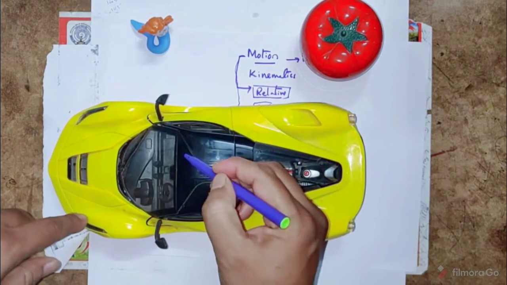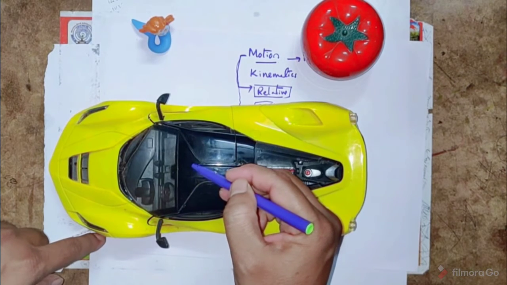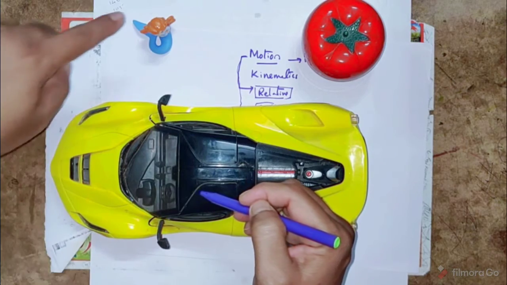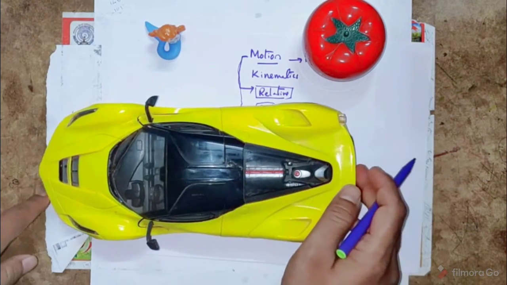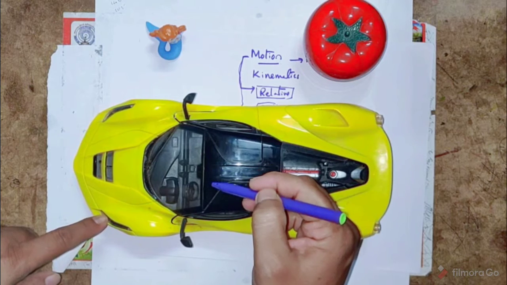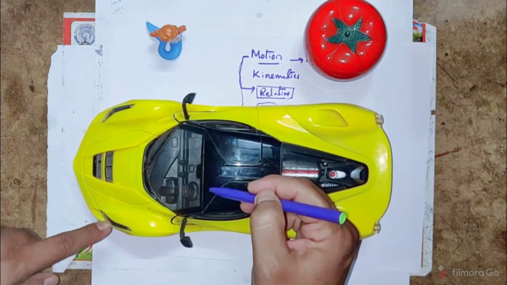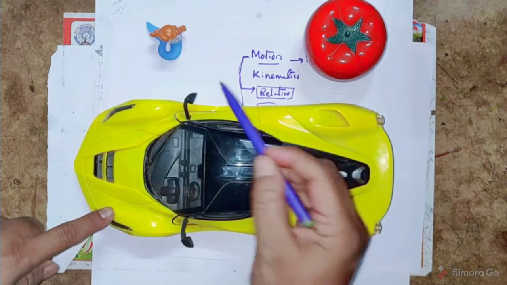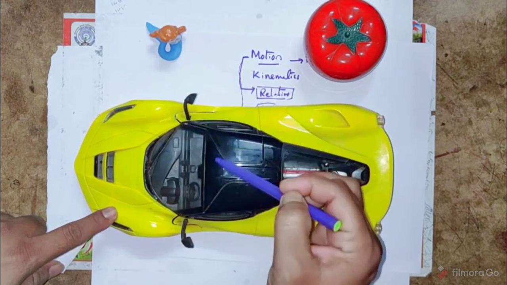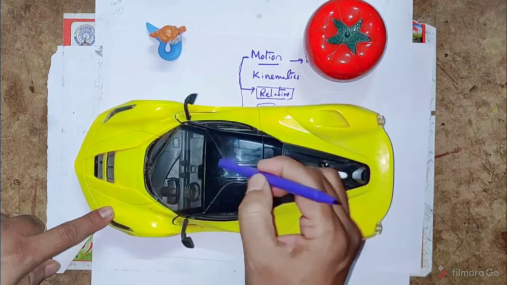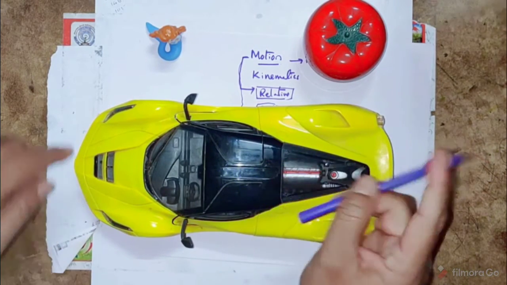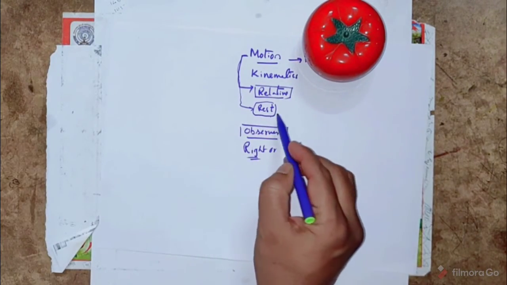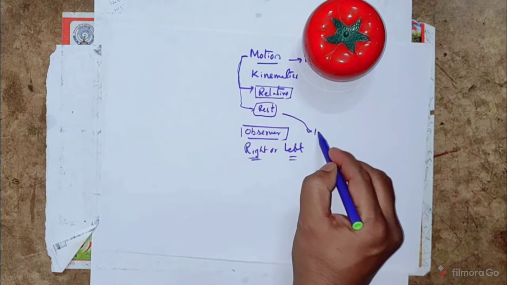But the two persons inside the car think that they are at rest with respect to each other. From where we are observing is very important. For the girl they are in motion, but for those in the car they are at rest. That's why motion and rest depend upon the 'with respect to'.